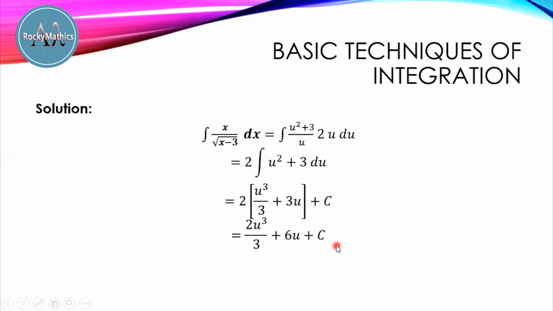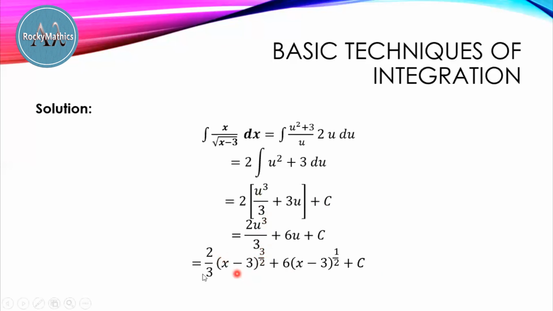But again, we need to convert to our original u, which is in terms of x. Now, our u is the square root of x minus 3, which means raised to 1 half, so multiplied by 3, this becomes 3 over 2.